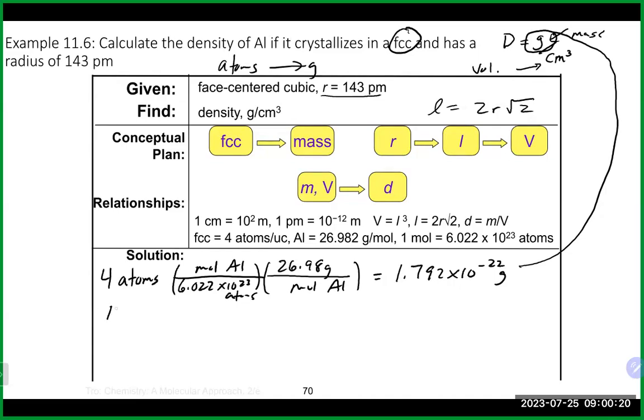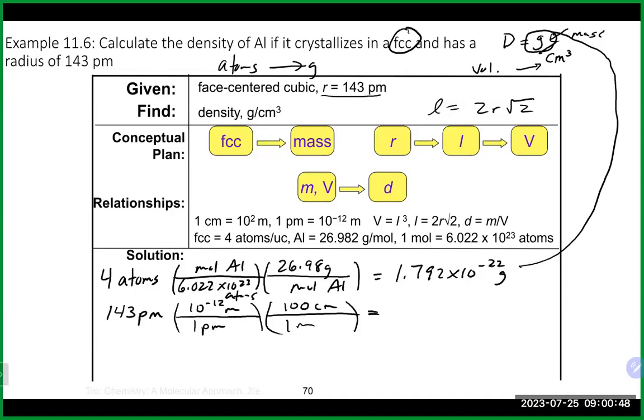So I'm going to do 143 picometers. Pico is 10 to the minus 12 meters, so 1 picometer is 10 to the minus 12 meters. And I believe in 1 meter there are 100 centimeters, right? So that's going to allow me to get it into the right unit.